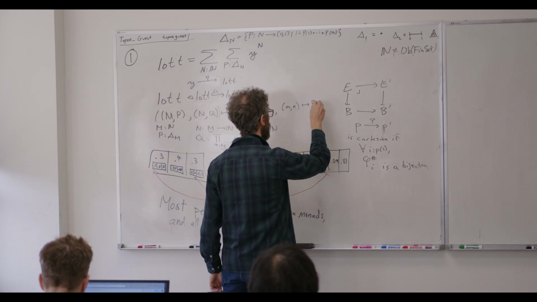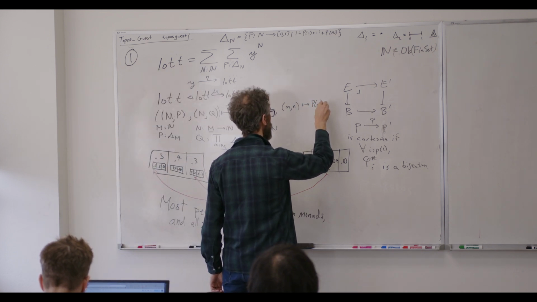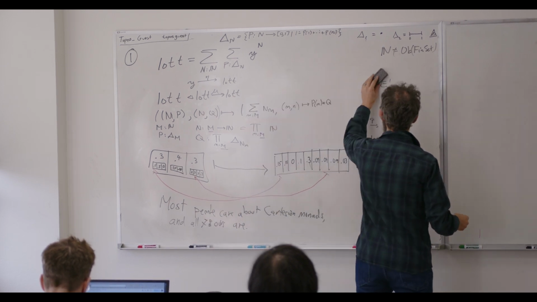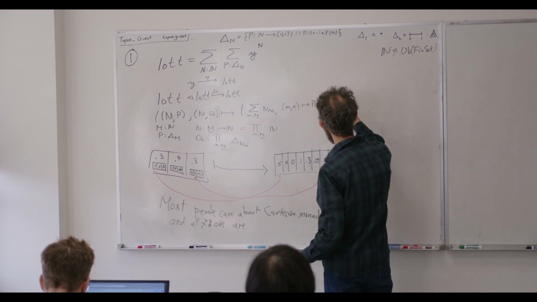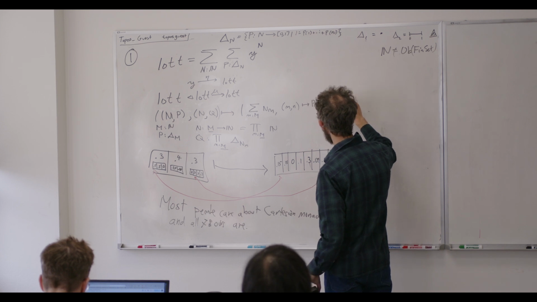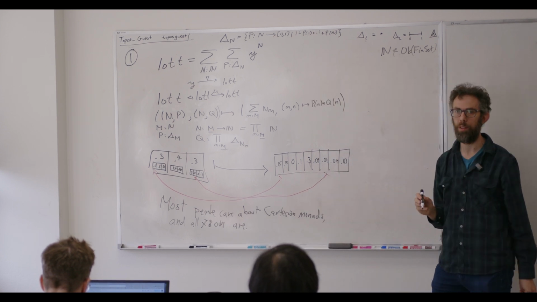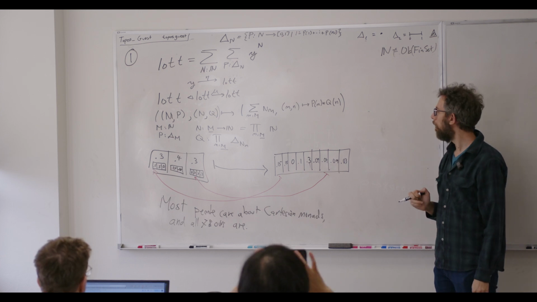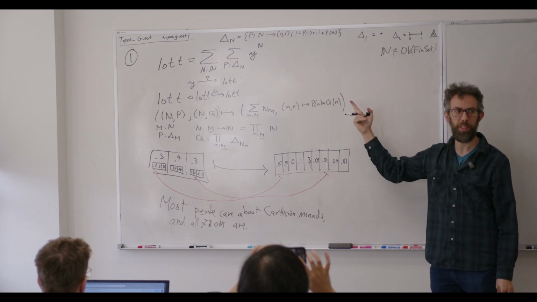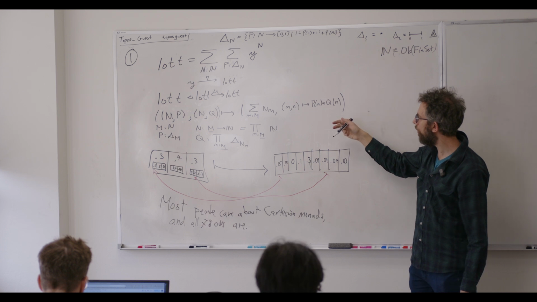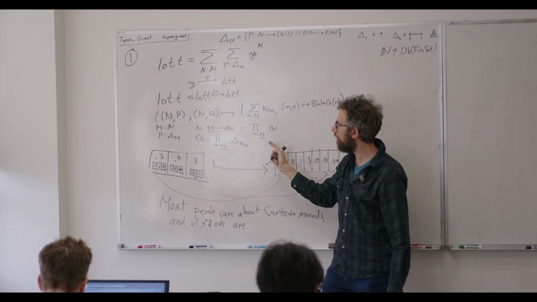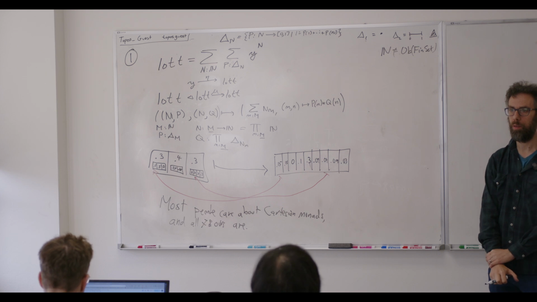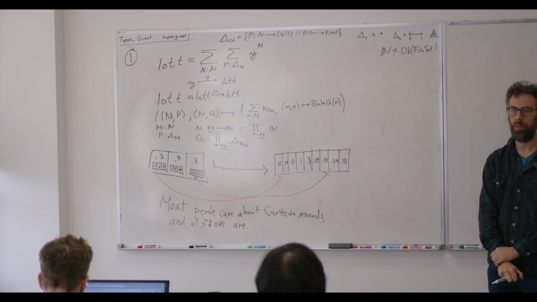P of m times Q of n. So it's very easy to write down if you let yourself use finite sets instead of natural numbers. That's what we did on positions. And then on directions, given mn, I send it to mn. Any questions?